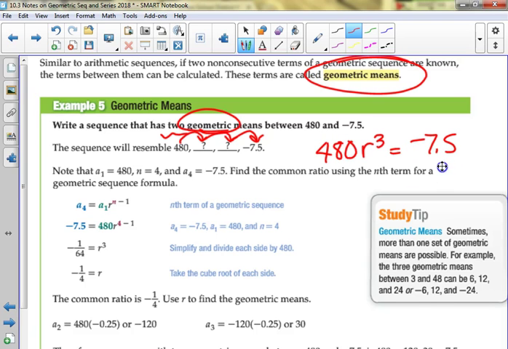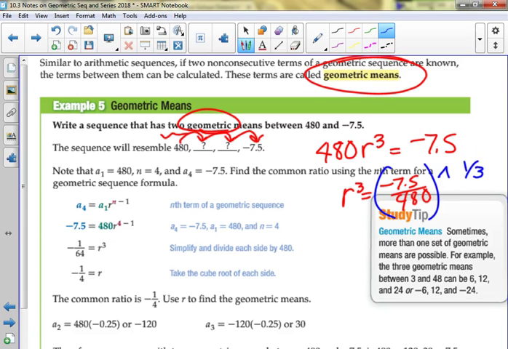Now, is it possible to have a negative? Can you cube root that? Yes, you can take the odd root of a negative. You can't take the even root of a negative, but you can take the odd root. What's the easiest way for most of us to do that? Type this to the 1/3 power.